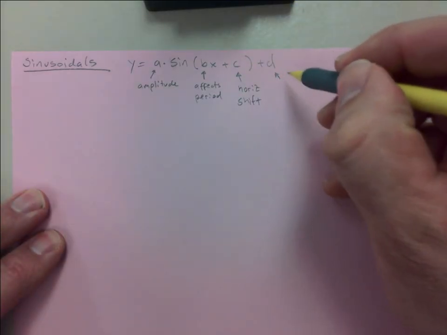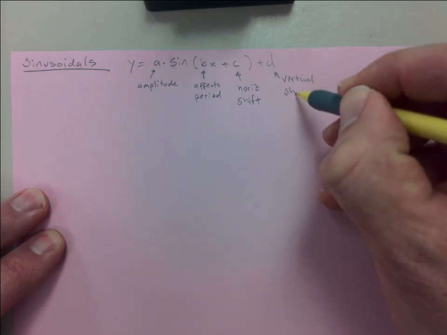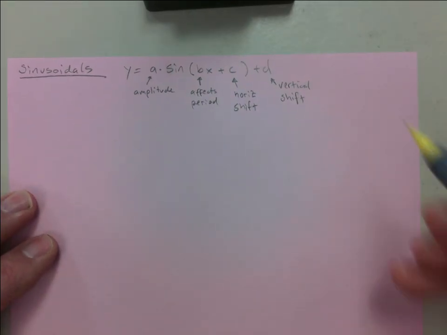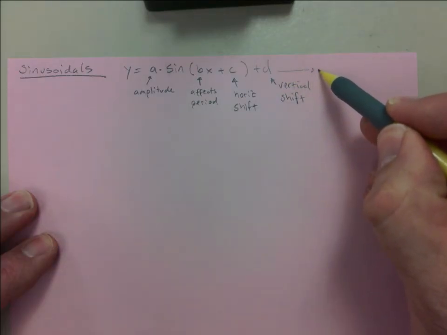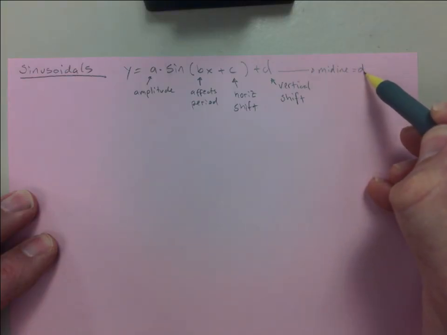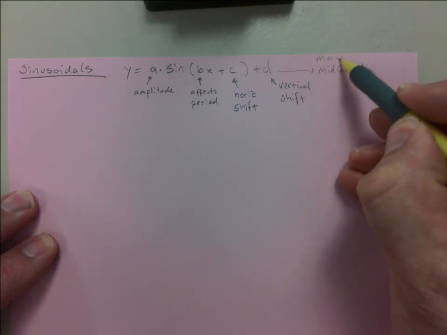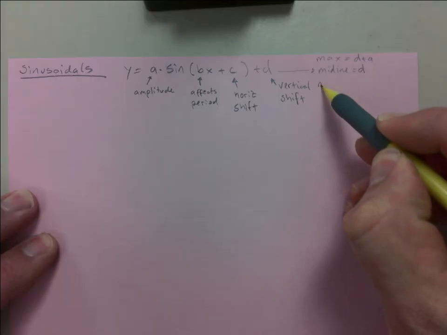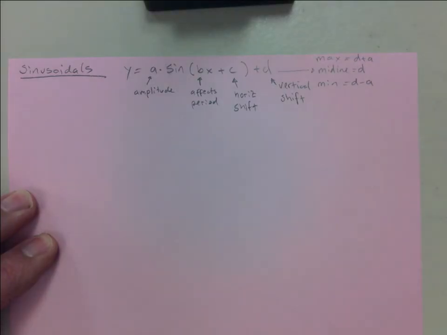This one is a vertical shift. You should be able to get your midline is equal to D. The max is equal to D plus A. The min is equal to D minus A.